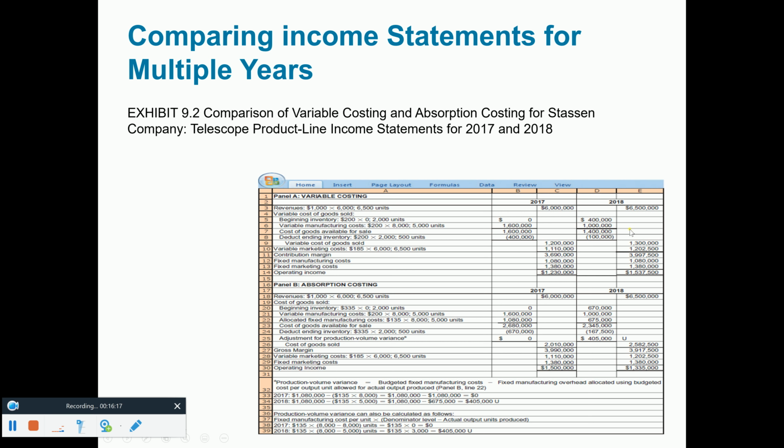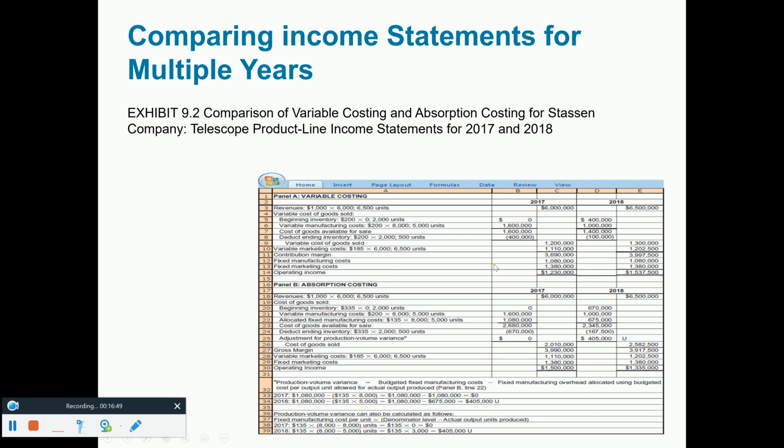Now, in year 2018, which is the next year, we have some different amounts here. With 2018, we are seeing that the sales are 6,500 units. So if we take 6,500 units times $1,000 per unit, we're going to see with 2018 the revenue is $6.5 million. It doesn't matter if it's absorption costing or variable costing.